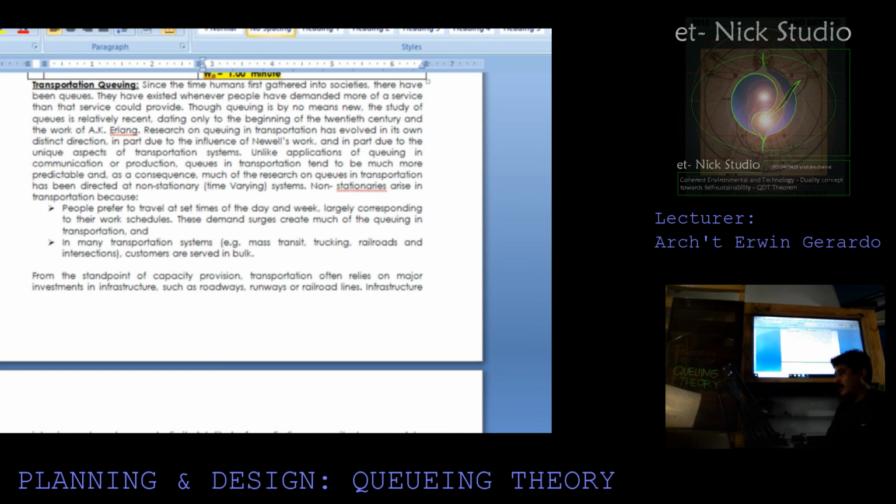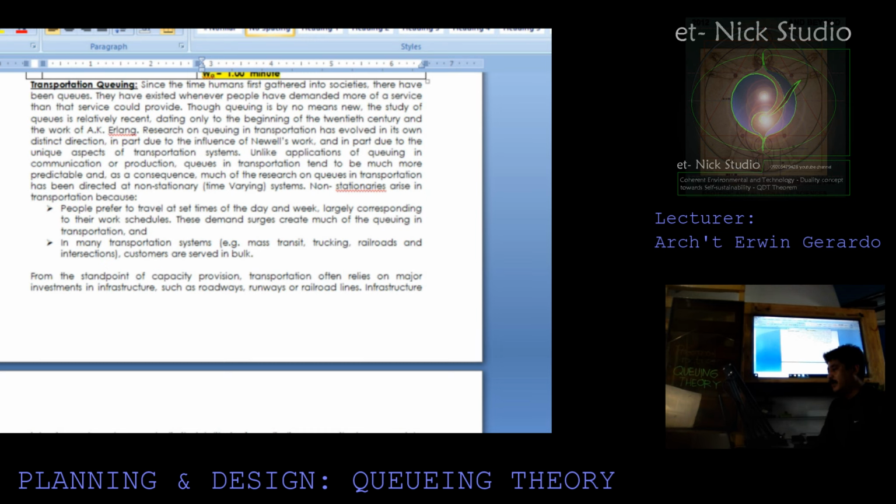Though queuing is by no means new, the study of queues is relatively recent, dating only to the beginning of the 20th century and the work of A.K. Erlang. So the research of queuing in transportation has evolved in its own distinct direction, in part due to the influence of Newell's work, and in part due to the unique aspects of transportation systems.